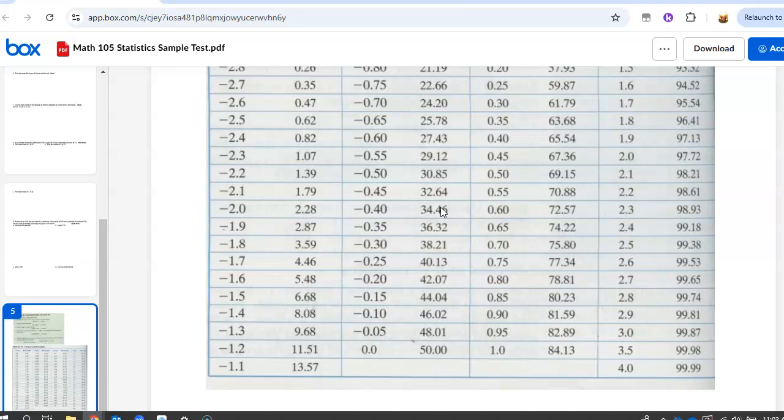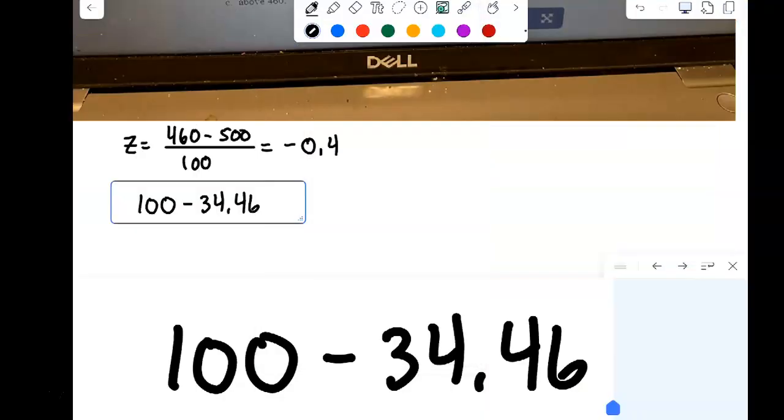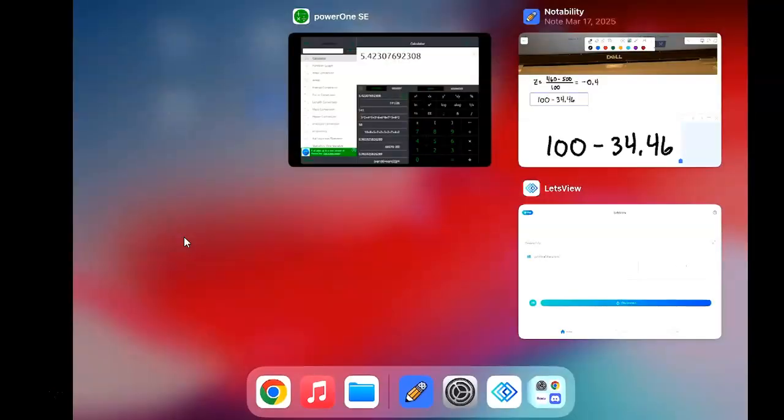And because we're doing above, we have to take that answer away from 100. So it's 34.46, and we take that away from 100 to get our answer.